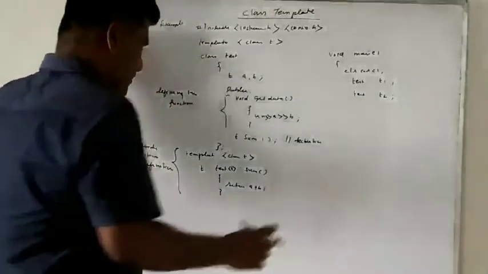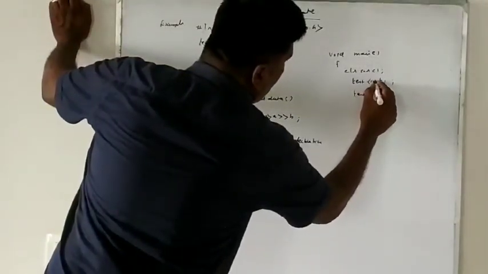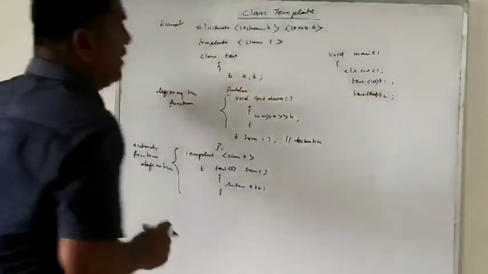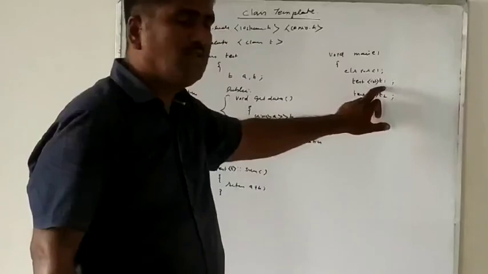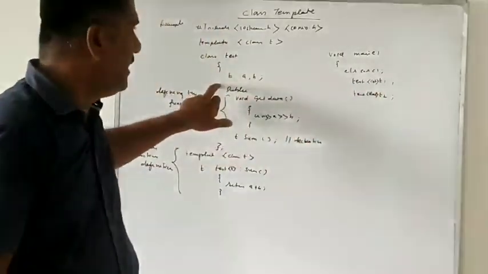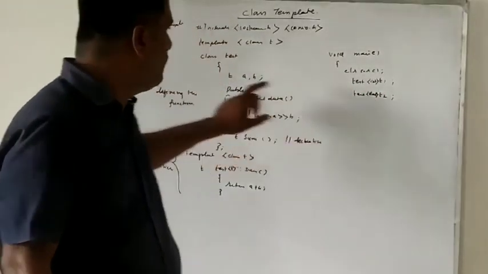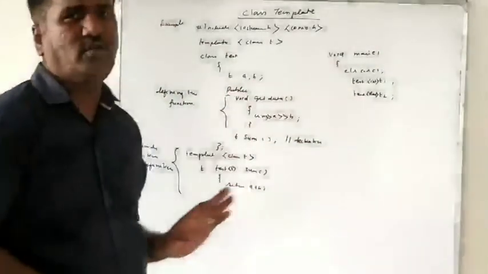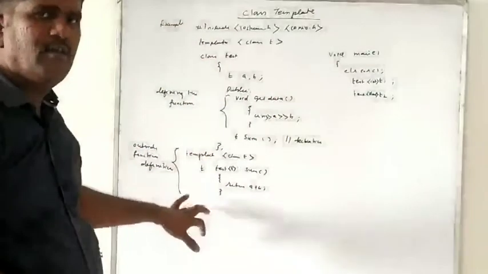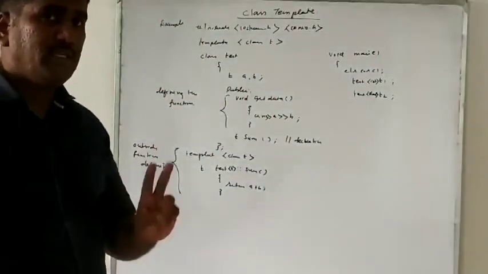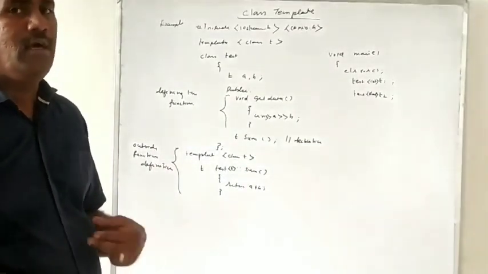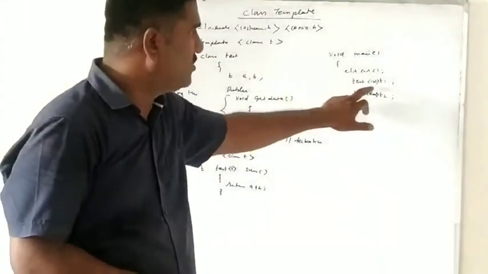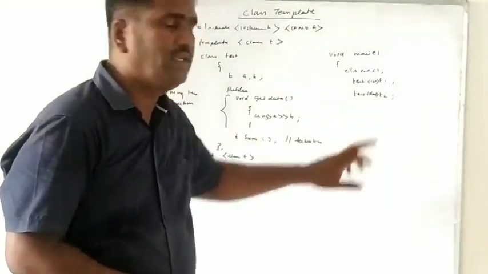Suppose I give int here and float there: the T1 object uses the integer data type, and the T2 object uses the float data type. So you create a common class, but the common class is used in different manners by creating the objects. This is the integer type object, and this is the float type object.